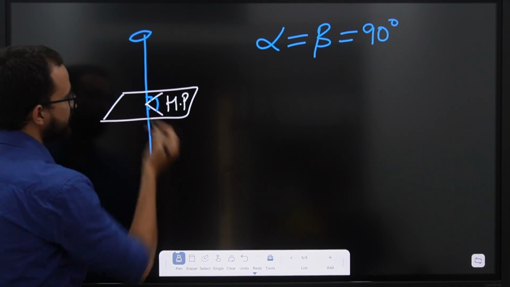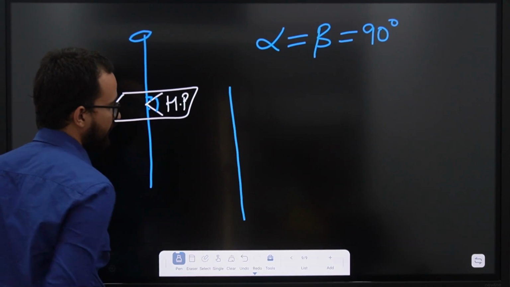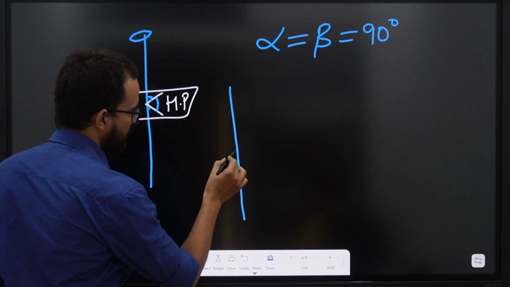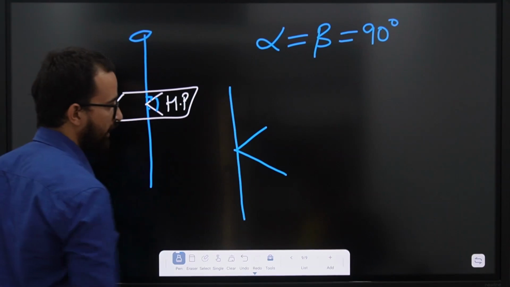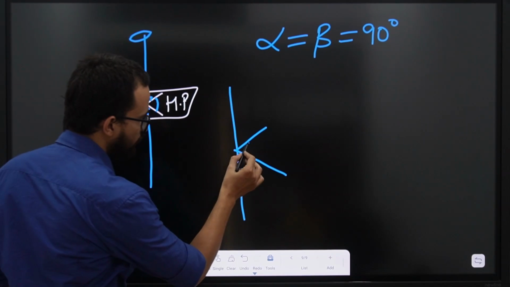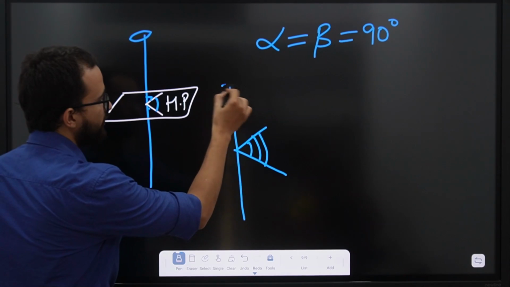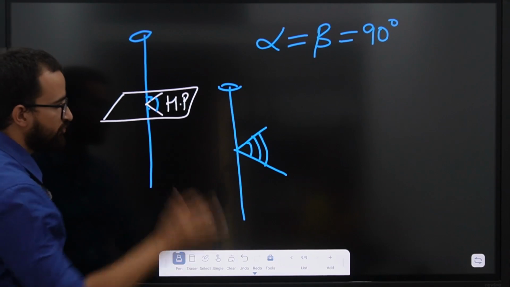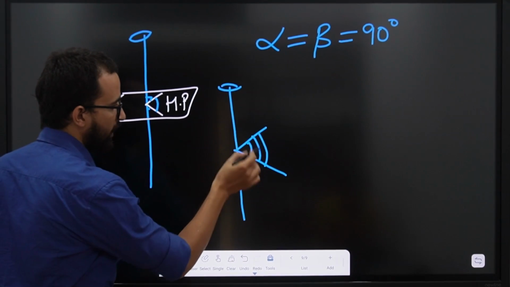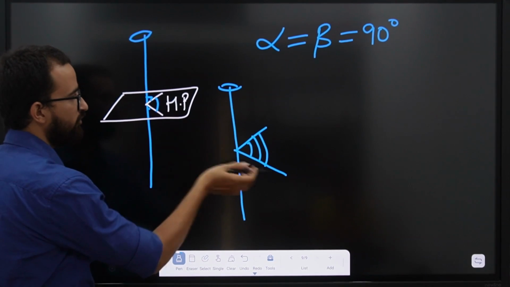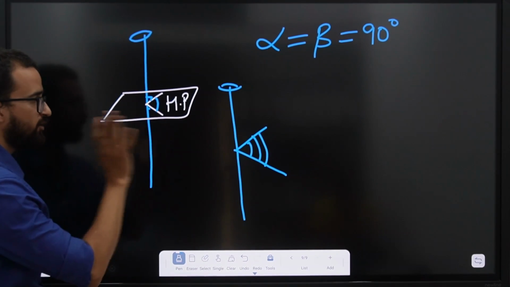So if these are the 3 axes, you have something like this. It has to be perpendicular always to these 2 lines that lie in the horizontal plane, but these 2 lines can make any angle that they want. This angle is not constrained by this 2-fold axis, just that these 2 lines have to fall in this horizontal plane on which the 2-fold is working. That is the only criteria.